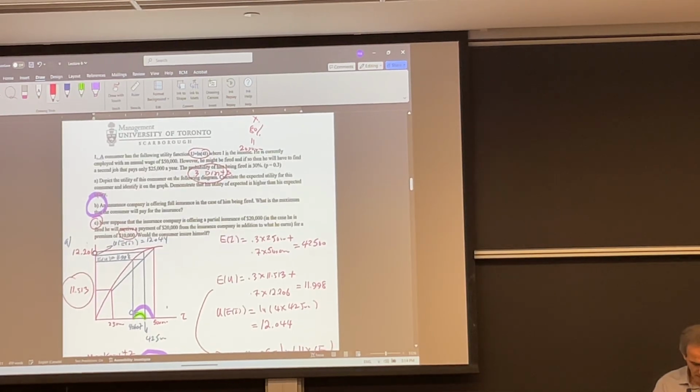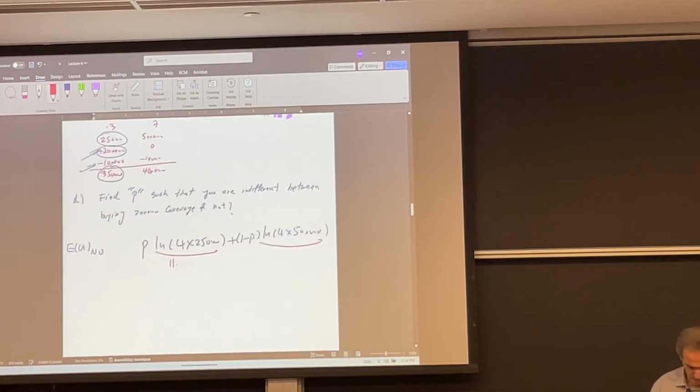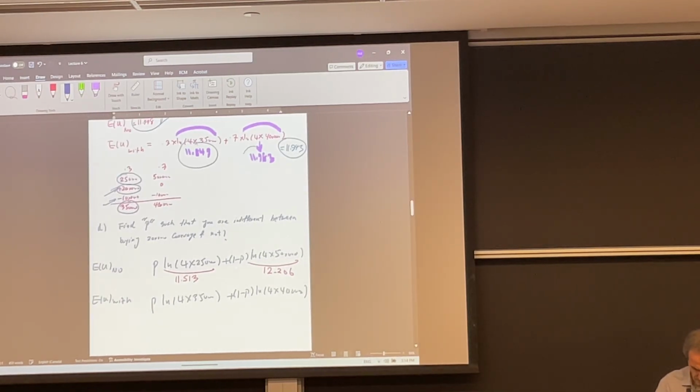Oh, 513. 513, 206. Make sense? And expected utility as a function of probability will be this one. That's the reason I asked you for those two numbers, because we need them here.